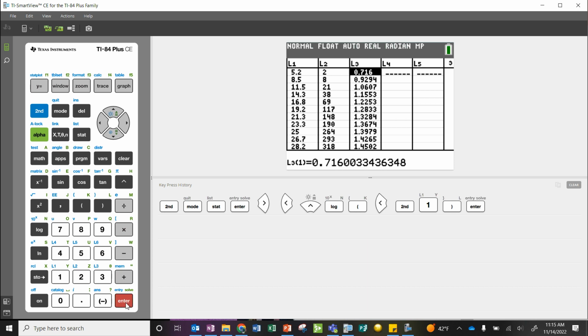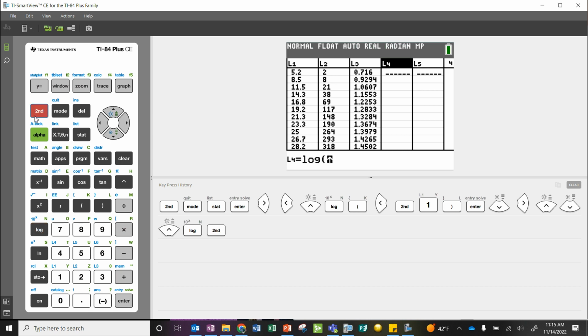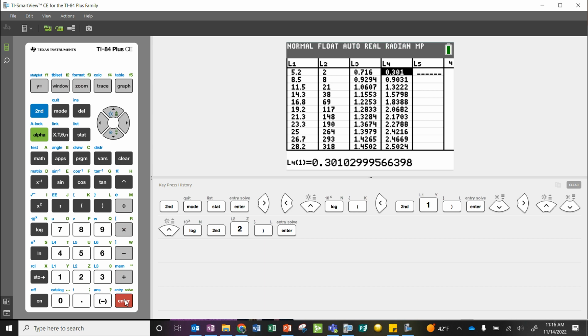When I hit enter, this is now the log of 5.2, the log of 8.5, etc. And then in L4, I want to take the log, so I'm going to scroll over to L4. Notice I highlighted the header there. And I want to take the log of everything in L2. So this is the log of all the weights.